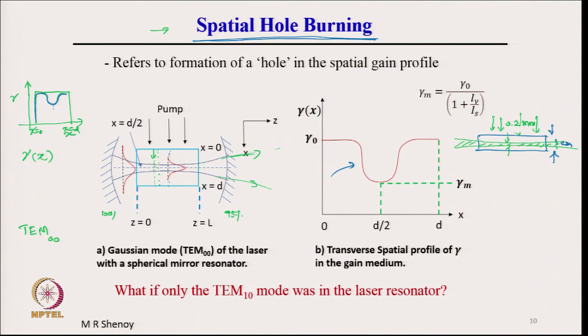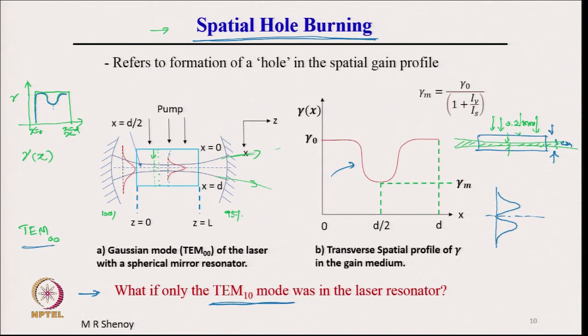One last point: what if only the TEM10 mode were to propagate? What I have discussed here is the TEM00 mode, which is the Gaussian mode. What about the TEM10 mode? The TEM10 mode will have an intensity profile like this.